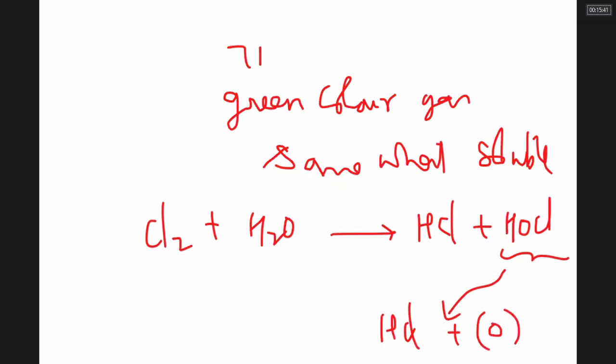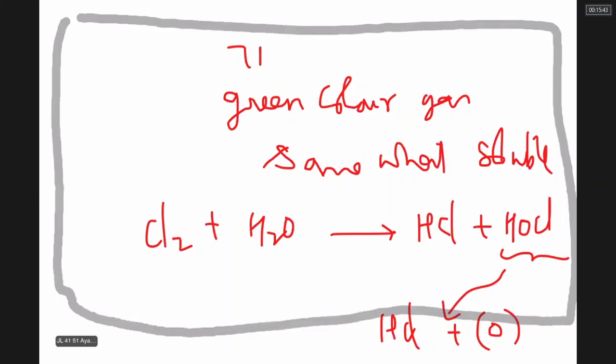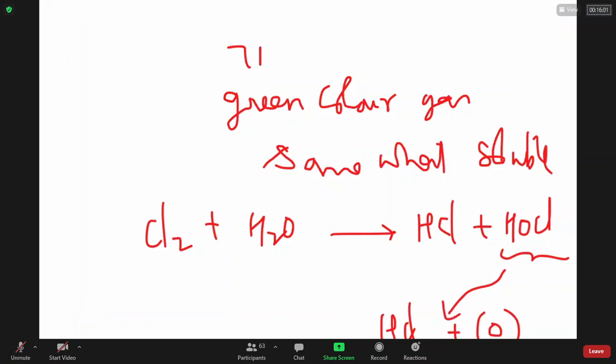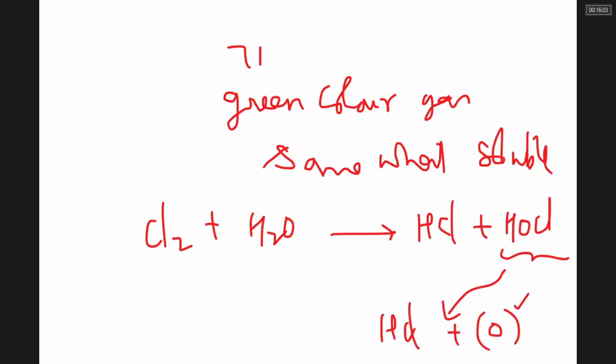Due to this fact, the nascent oxygen can remove color of colored objects.